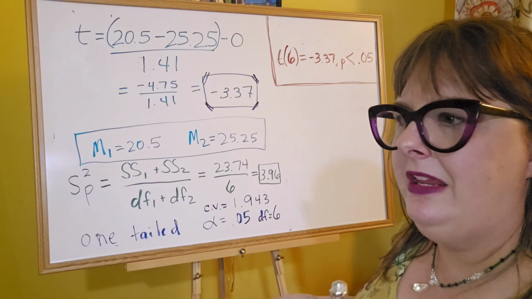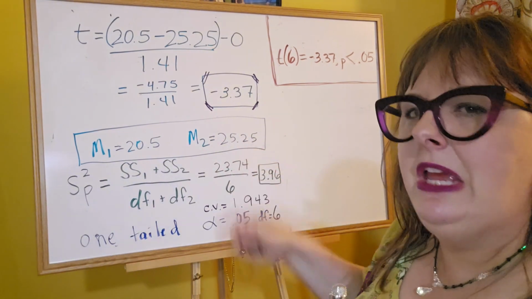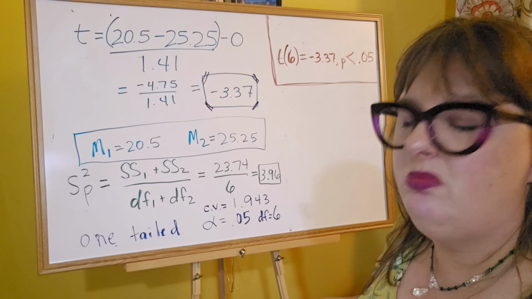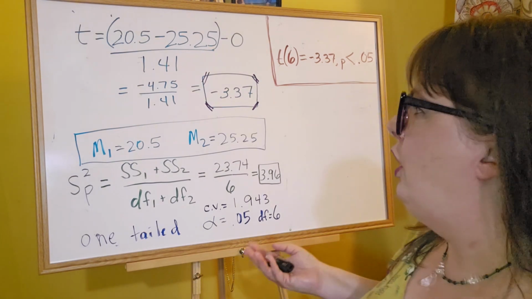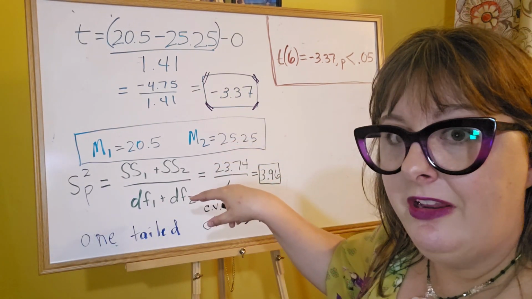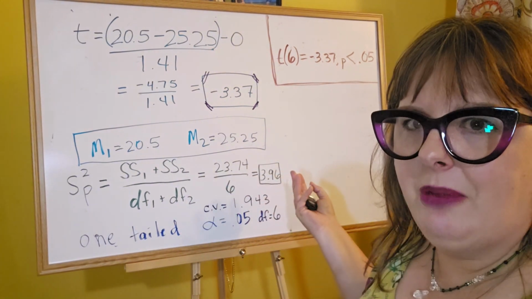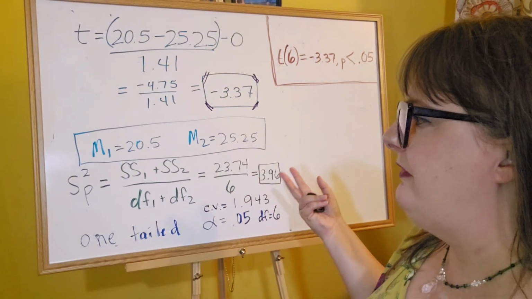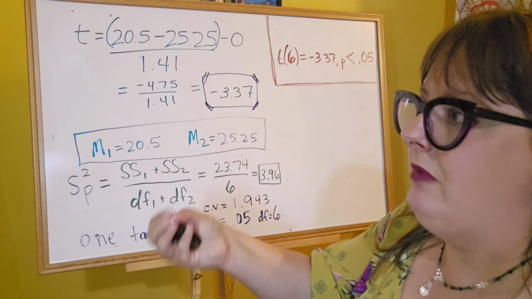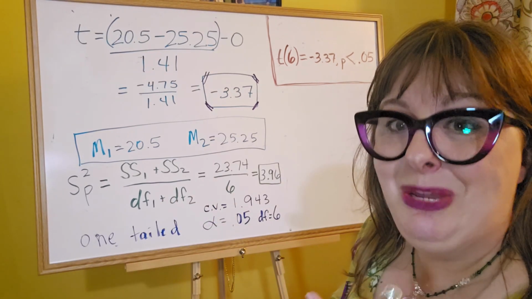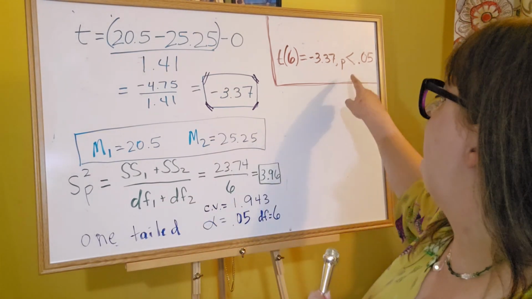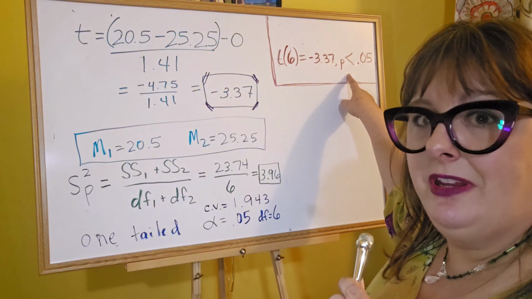It's unlikely, this difference between the two groups is unlikely to be from just sampling error alone. We're hoping it's from our independent variable, the intervention, the treatment that we're testing, the ACT prep. We're hoping our groups are different because they are different in whether or not they had ACT prep. All right, so you would say this is a statistically significant result.